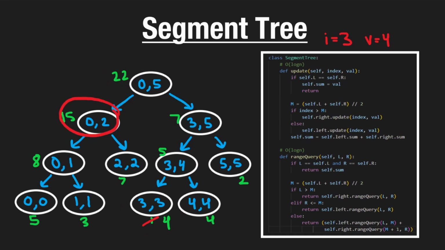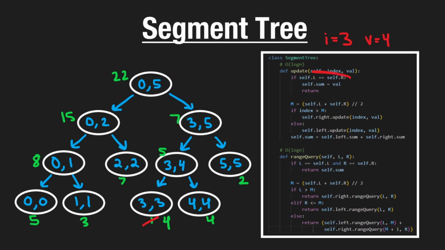The sum of this guy is not going to change. None of its descendants were updated, but this one had its child updated, so it has to be updated as well. The good thing is, since we were doing this recursively, it's going to be very easy, because as we pop back up to every one of the parents, we can just update the sum of that one.